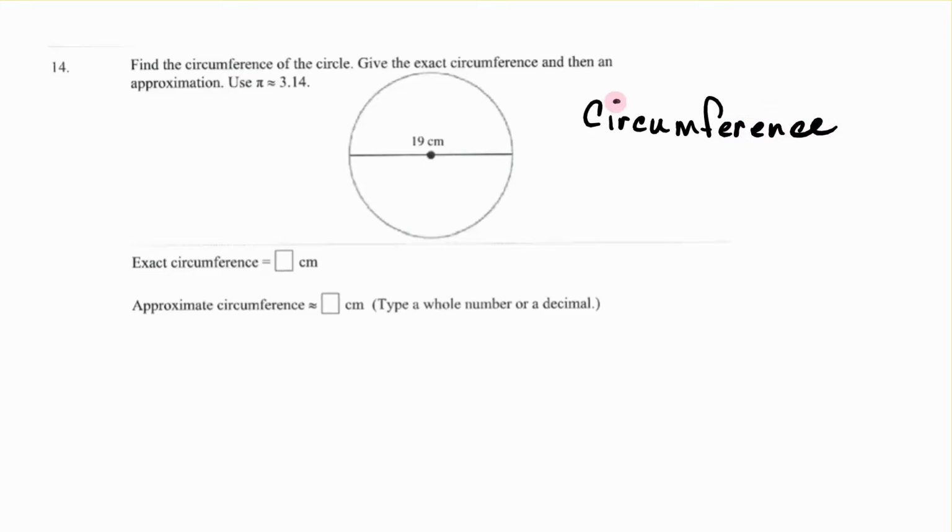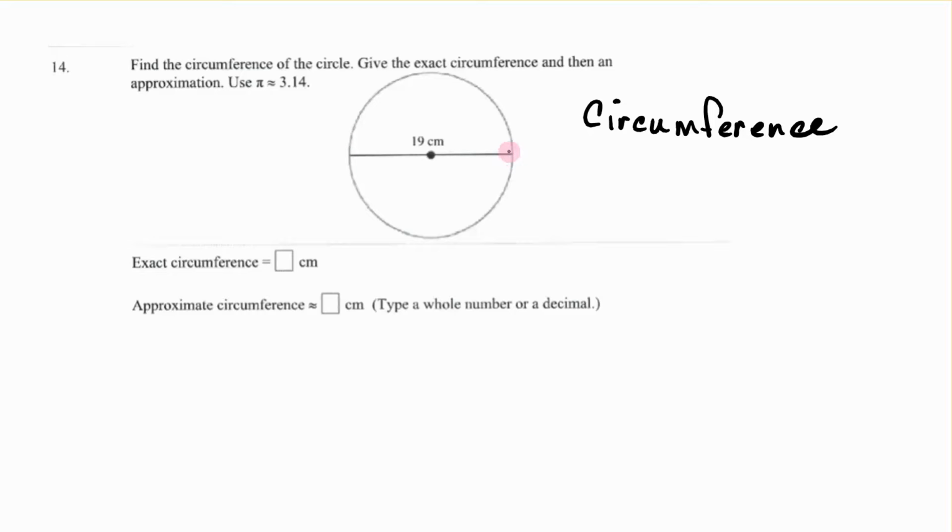It is like perimeter, but it relates to a circle. So the circumference of this circle would be how far it is starting here and walking all the way around it till I got back to there.